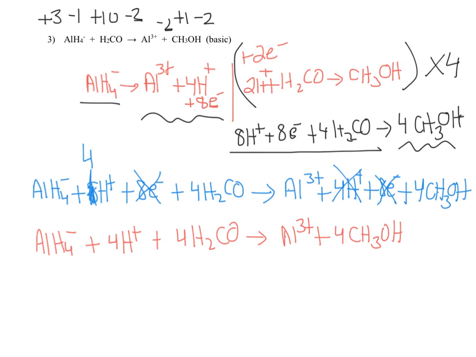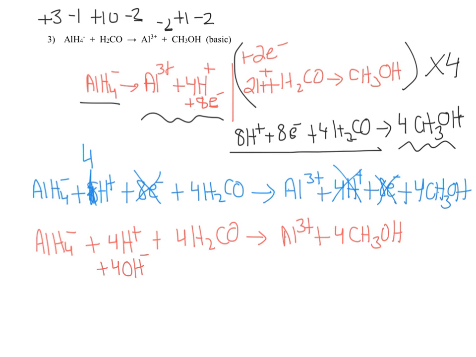The hydroxide in the base reacts with the H plus in the acid, and they form water. So if it's a basic solution, that means you have a lot of OH minuses, not H pluses. So what this is saying is for every H plus, you add an OH minus. So here we have 4 H pluses, so you add 4 OH minuses. So I'm going to add to this 4 OH minuses.